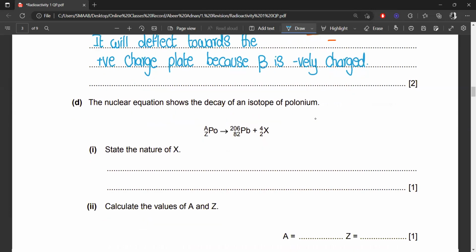Okay, part D. Alpha. State the nature of X. Alpha. Yes, because we are getting two protons and four nucleons. So the nature of X is alpha.